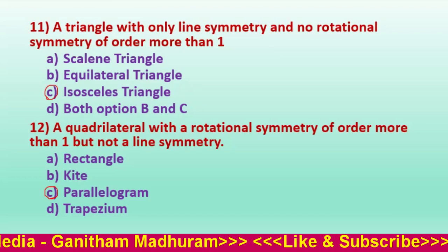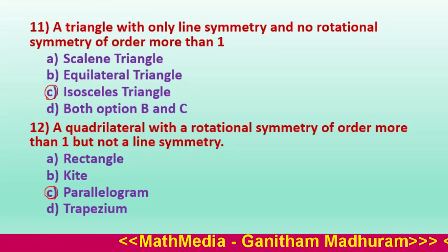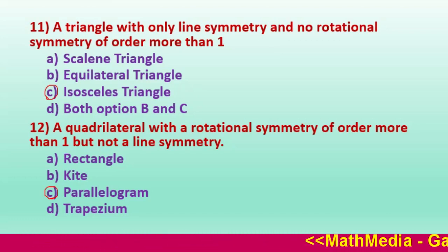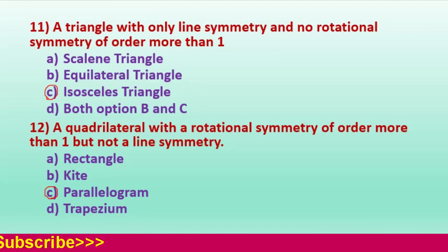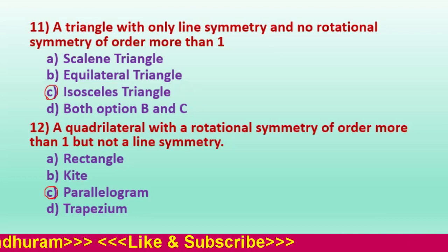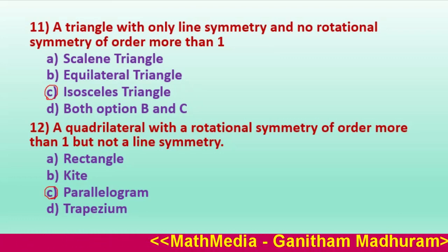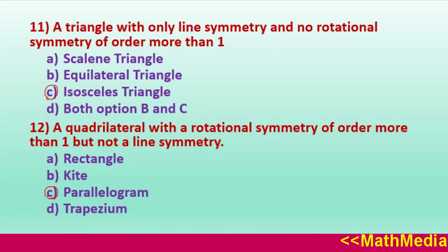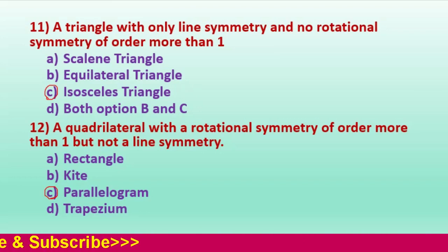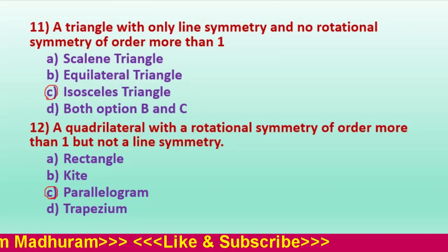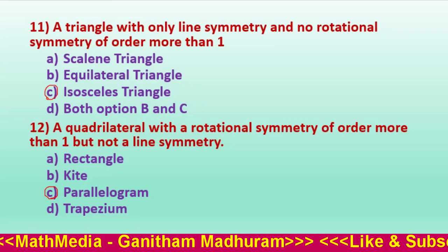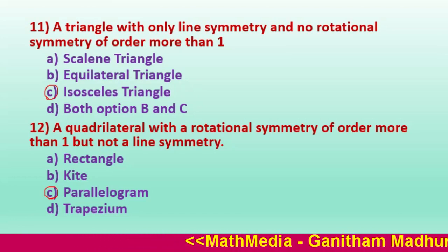The order of rotational symmetry of a parallelogram is 2. Hence our correct option is option C, parallelogram. In the case of a trapezium, there is no line symmetry and rotational symmetry is 1 only. So trapezium is also not coming. Hence the correct option is option C, parallelogram.